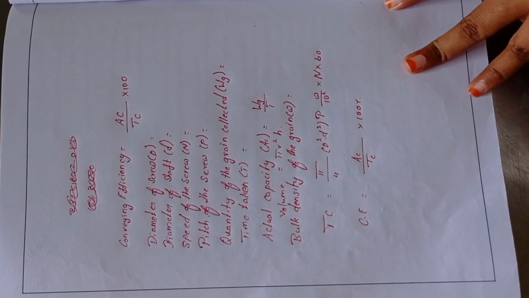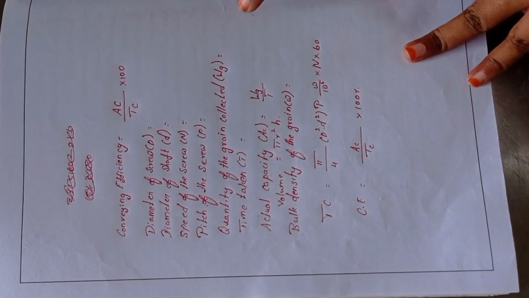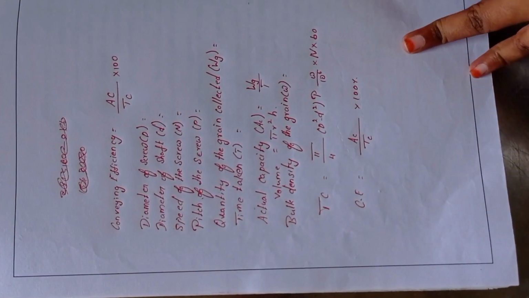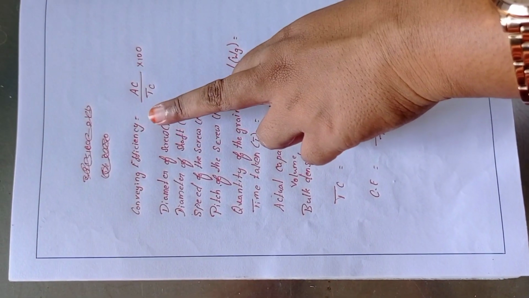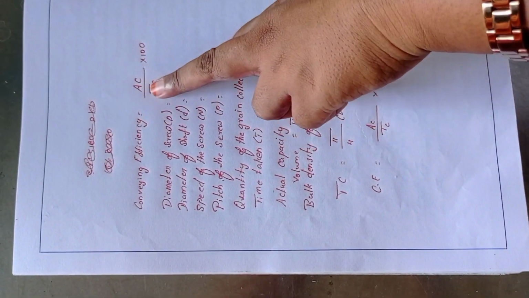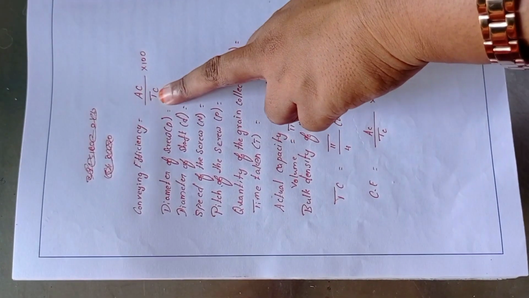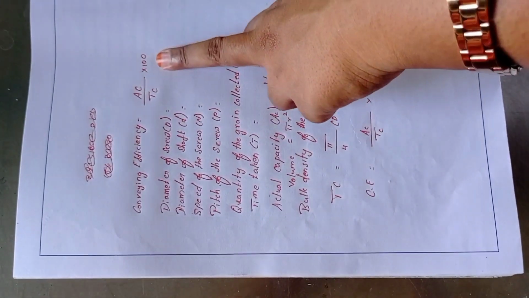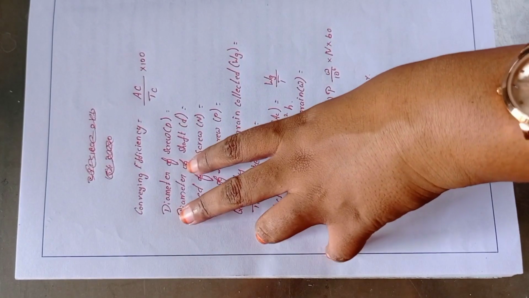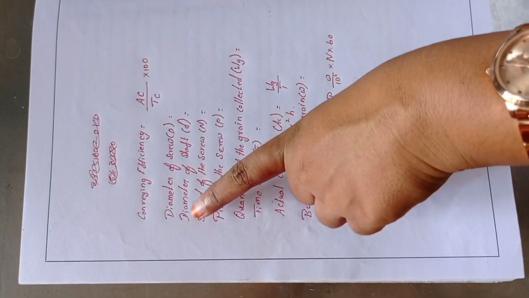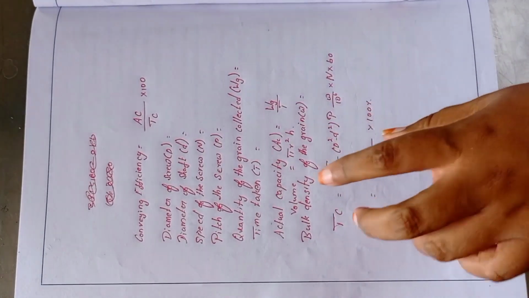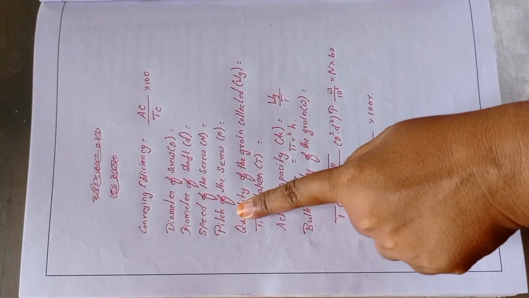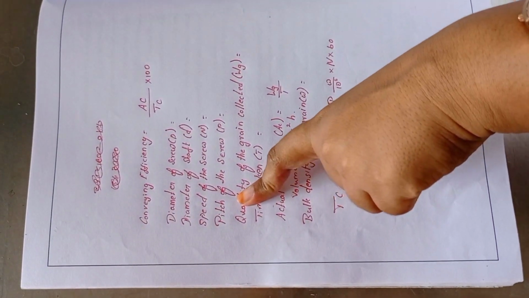The calculation part for a screw conveyor is to find the conveying efficiency. For conveying efficiency, the formula is actual capacity divided by theoretical capacity into 100. We have to measure the parameters such as diameter of the screw, diameter of the shaft, speed of the screw, and pitch of the screw from the screw conveyor.